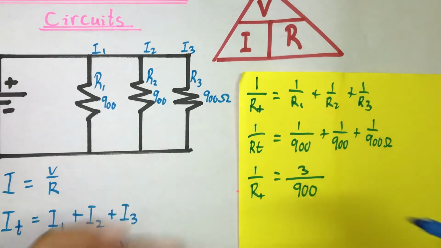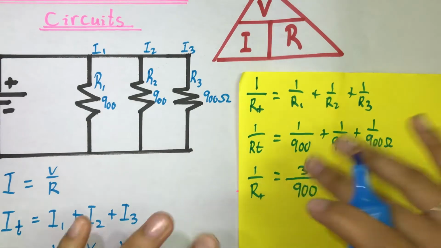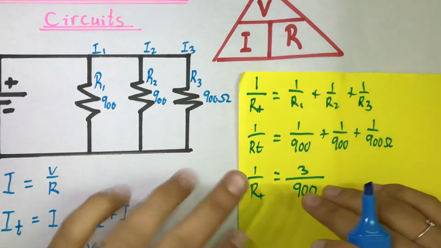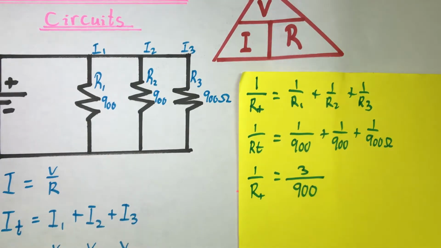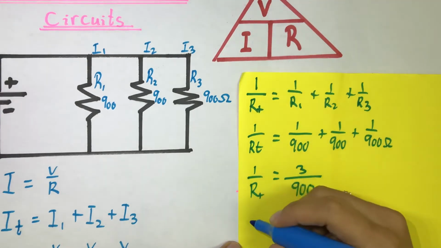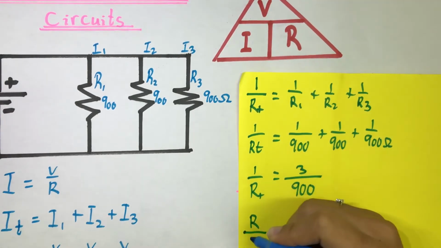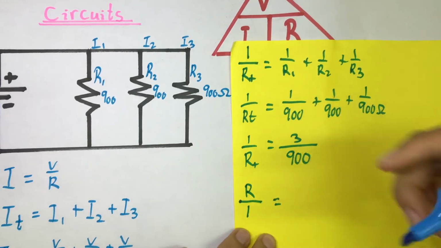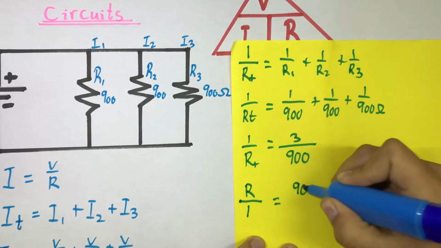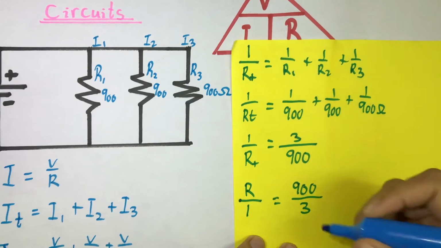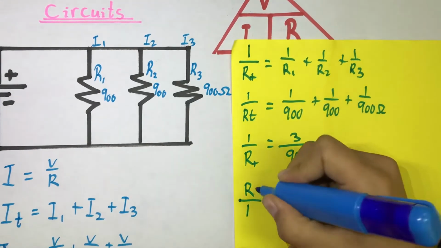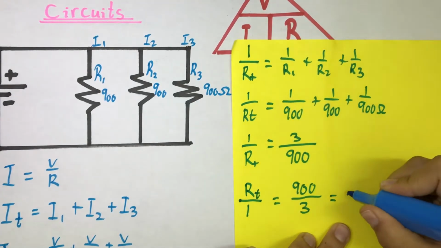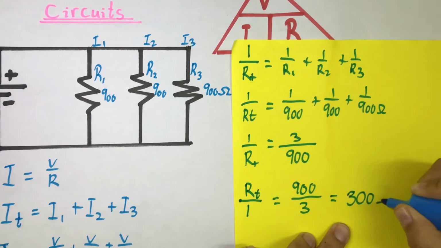So if you flip it to make it 1 over R, it'll give you R over 1, which is just R, equals, and then flipping the other side, 900 over 3, which gives us a total resistance of 300 ohms.